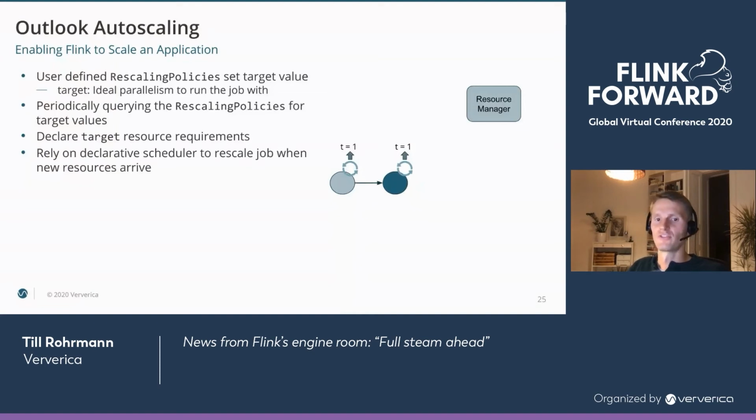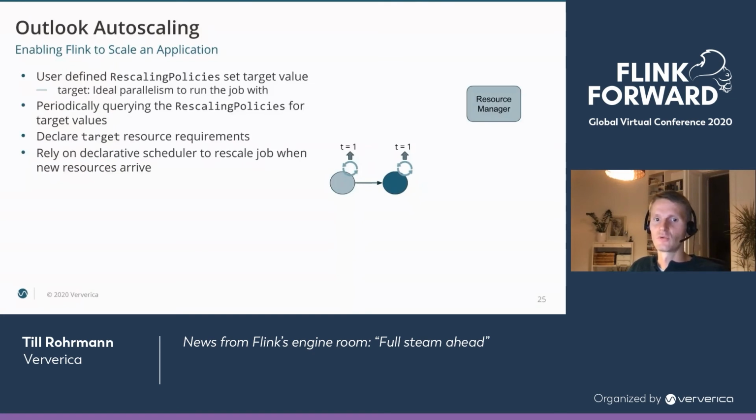to control the parallelism of itself, which is effectively auto-scaling. So the idea here would be that every operator has something like a rescaling policy, which tells the system which parallelism it would like to run.